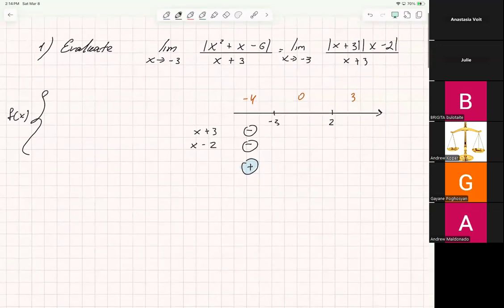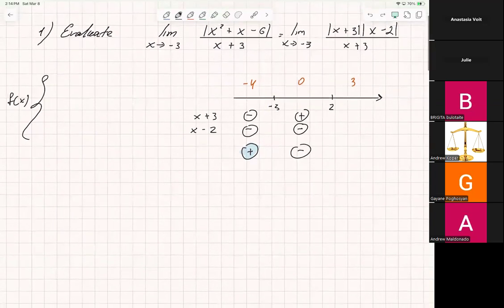For 0, we have positive, negative, so that's going to be negative. The rest we don't need because we are interested in this one.